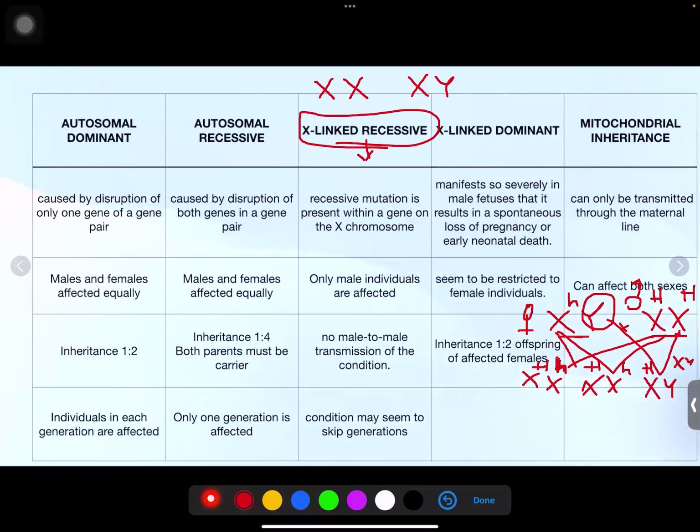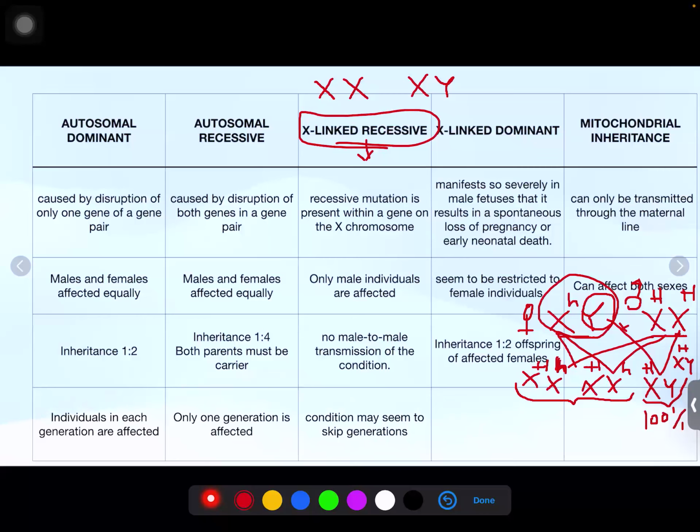See, these are daughters, these are males. All the males, meaning 100% of males, are normal. Okay, 50% of offspring you can say, but this is an X-linked disease, so you have to specify son and daughter. So 100% of males, sons, are normal when the father is affected with hemophilia.